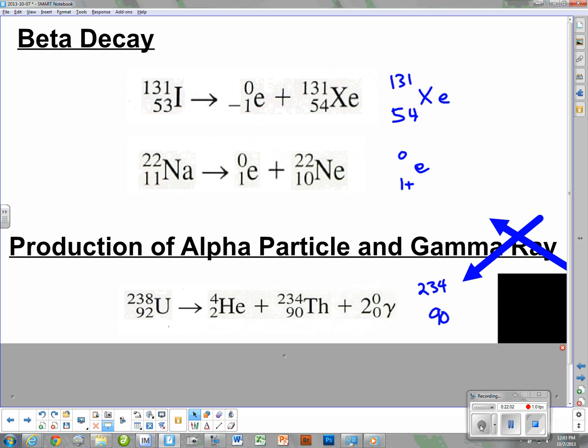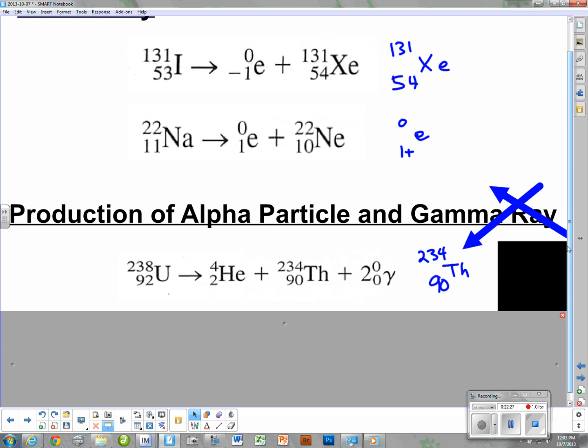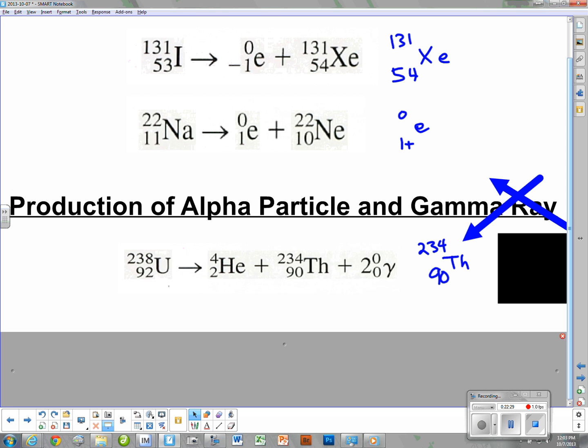As we look up on the periodic chart, number 90 is thorium. So that's going to be a Th. And just in case you're not finding it when you look on the chart, look down below the chart in the very bottom line that goes across, and you'll see that on the far left. That's where thorium is.